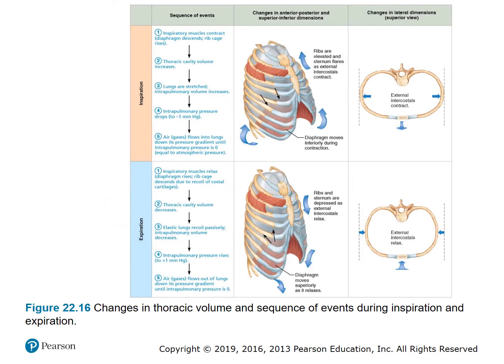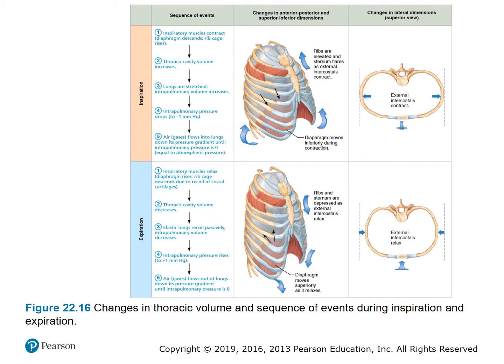Figure 22.16, changes in thoracic volume and sequence of events during inspiration and expiration. Okay, so in inspiration, the top one, the sequence of events: the inspiratory muscles contract, so the diaphragm descends and the rib cage rises. The thoracic cavity volume will increase. The lungs are stretched. Intrapulmonary volume increases.